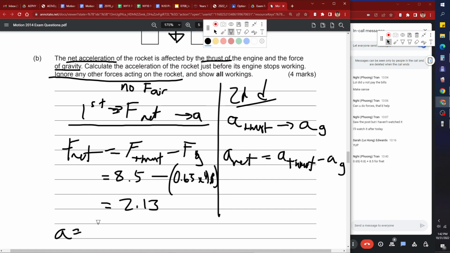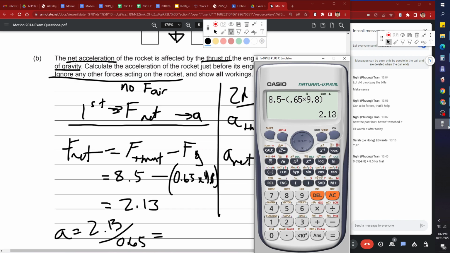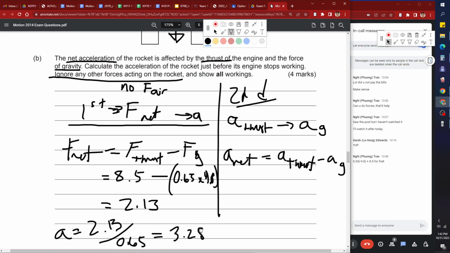And the acceleration would be net force divided by mass, which is 0.65. So that 2.13 divided by 0.65. And what we end up with is 3.28 meters per second squared.